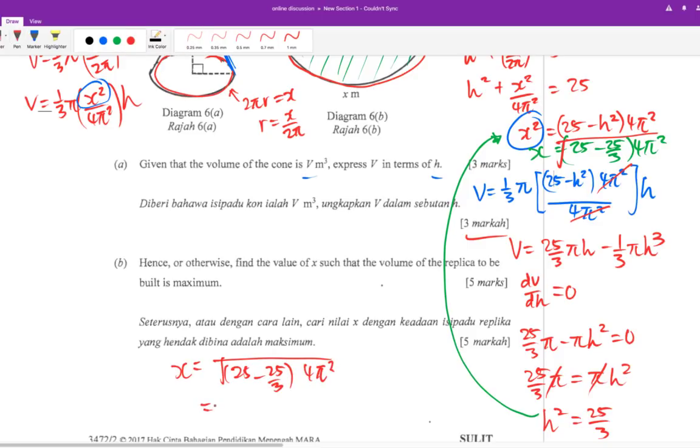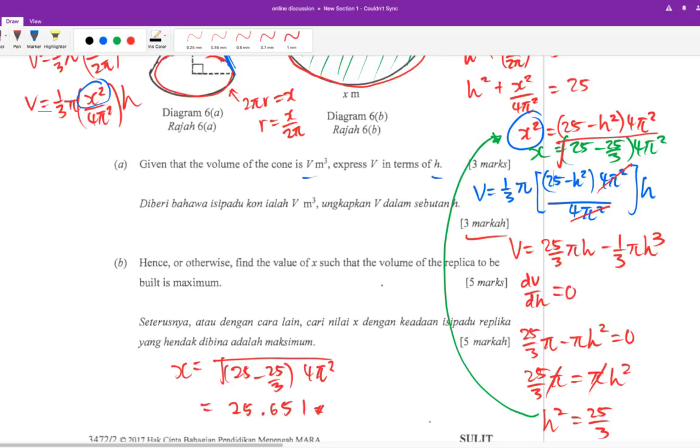Alright, so then you just use the calculator. Should be able to get the correct answer easily. And your answer multiply with 4 multiply with pi squared, square root answer. Yeah, I get 25.651 here.